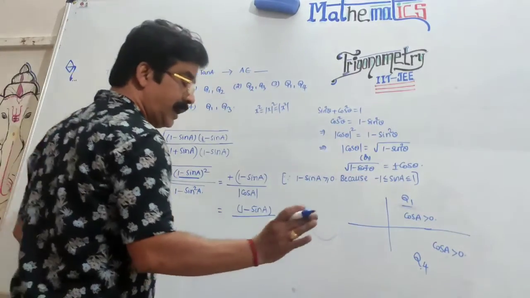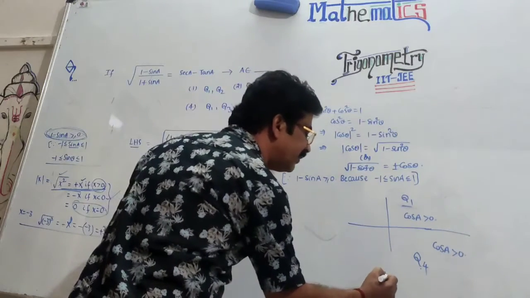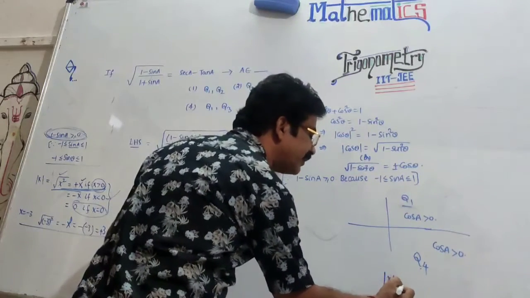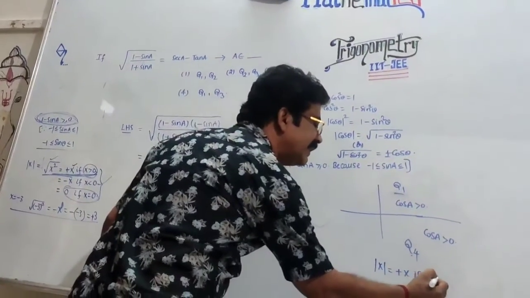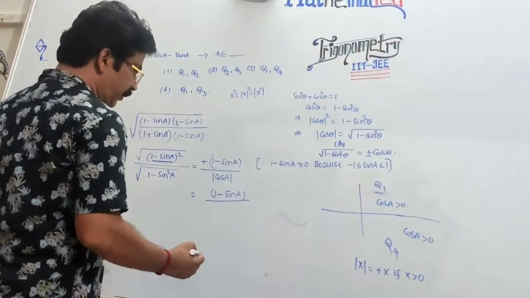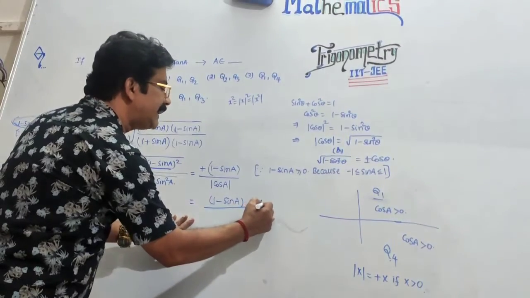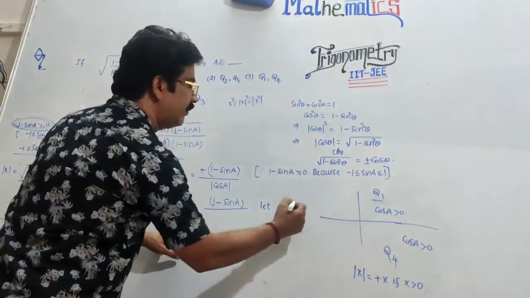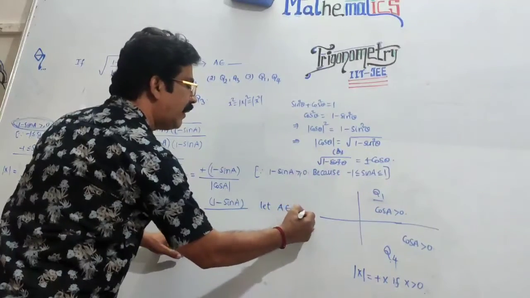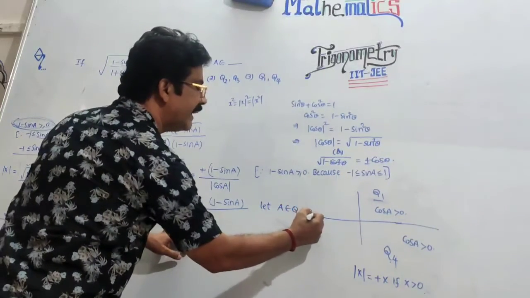So therefore, what I said, modulus definition: modulus of x is equal to plus x if x is positive. So therefore, let capital A belong to either the first quadrant or the fourth quadrant.